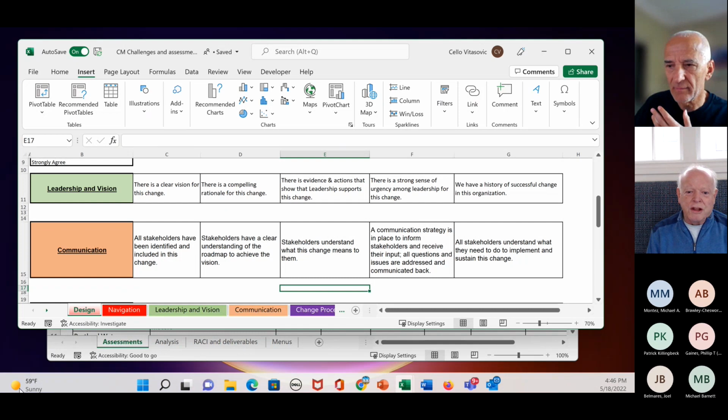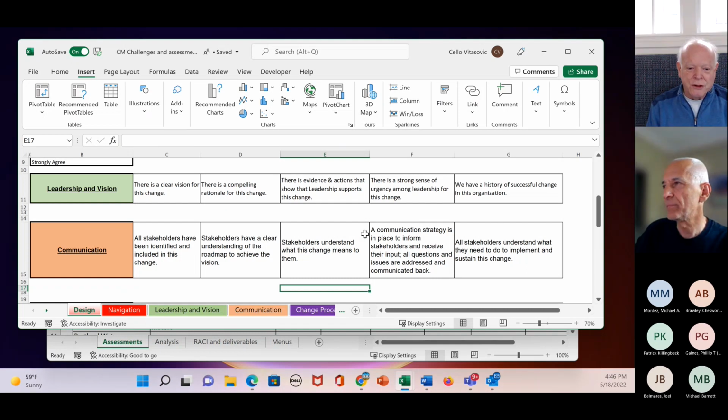No one has any questions, but I would mention that one would generally assume that even though you go through that process flow that Cello described, there are still going to be some gaps identified. For example, it may not have dealt with that last question: all stakeholders understand what they need to do to implement and sustain this change. You might not have come up with a specific work plan that includes what everybody's supposed to do.